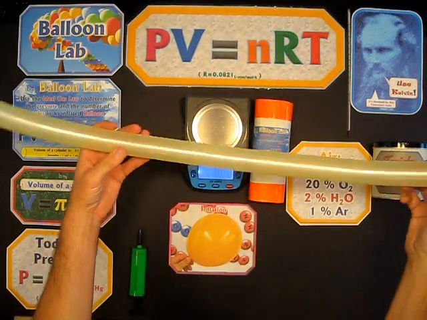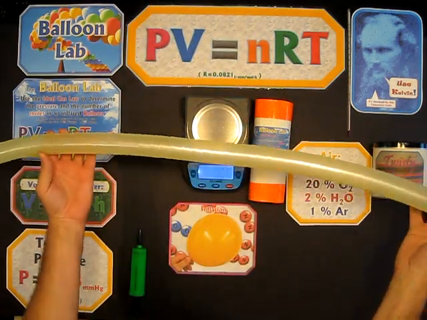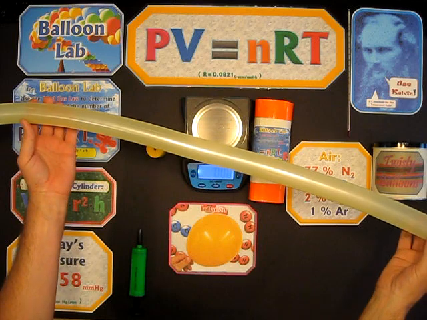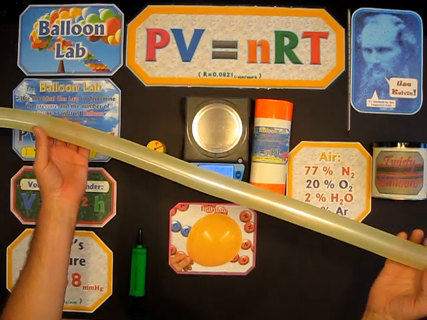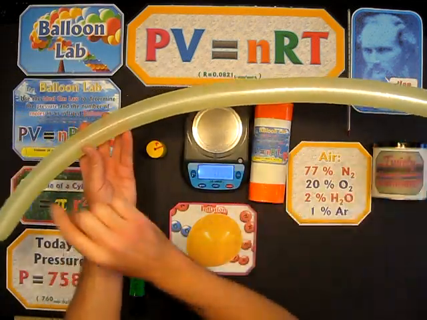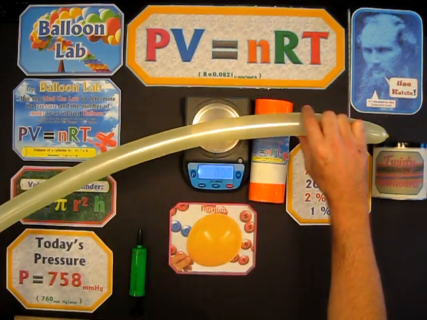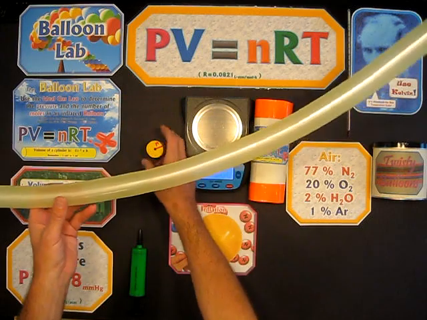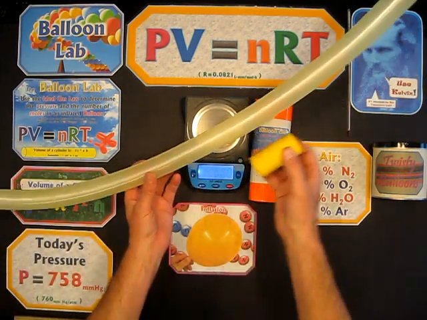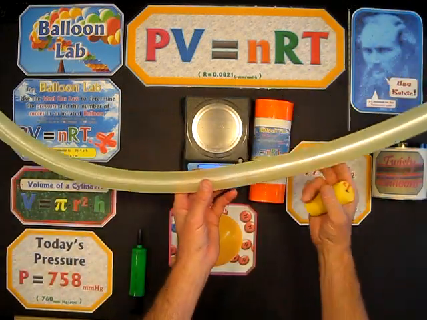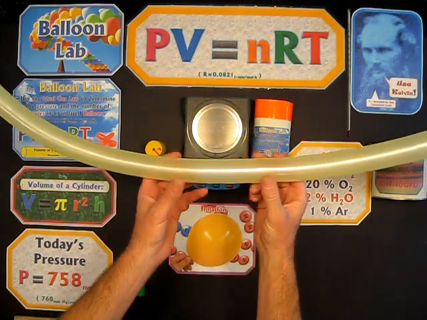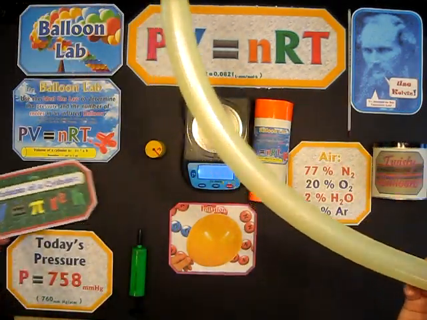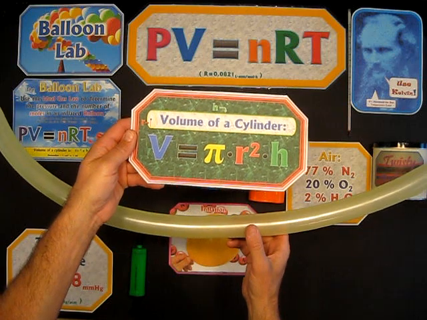Now the problem with these balloons is a few problems. One of them is that they can easily pop, so I want to get my measurements before it does pop. Another problem is it's not consistent along the length of it, so I want to make sure to measure about where it's average. We're assuming that the whole balloon is basically a cylinder, and if we know it's a cylinder, then we can find the volume using the equation for the volume of a cylinder.